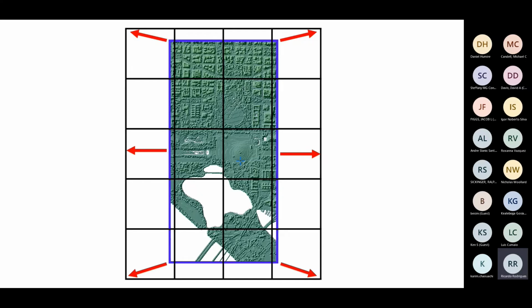So my area of interest is now bigger, and the reason why it's bigger is so that when we cut it into tiles in the final product, we don't end up with a tile that has some information and some information missing, which would cause a big issue when you're trying to do any calculation of your signal coverage, leaving, let's say, the Washington area where I have data and going to where I have no data.